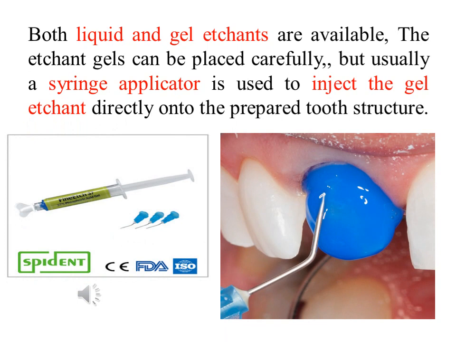We have acid etching of many types, either liquid or gel. The most appropriate is the gel because it attaches to the surface better than the liquid, which slips from the surface.